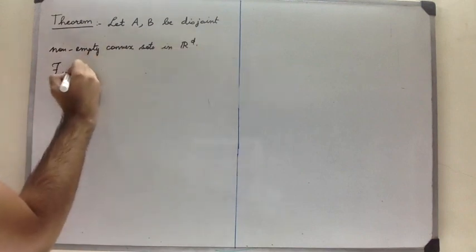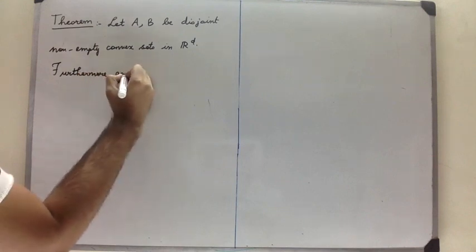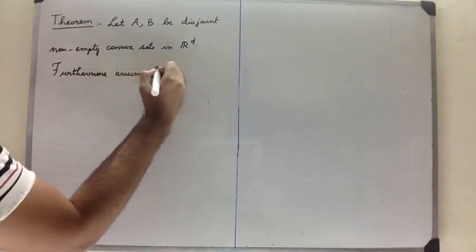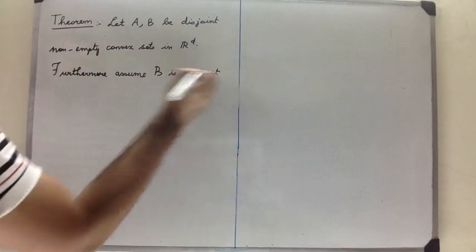Furthermore assume that B is compact and A is closed.